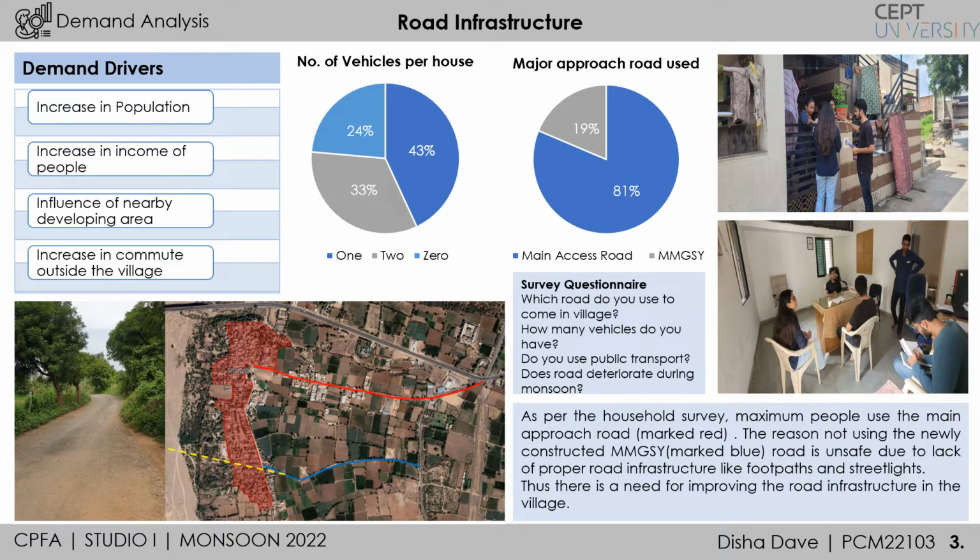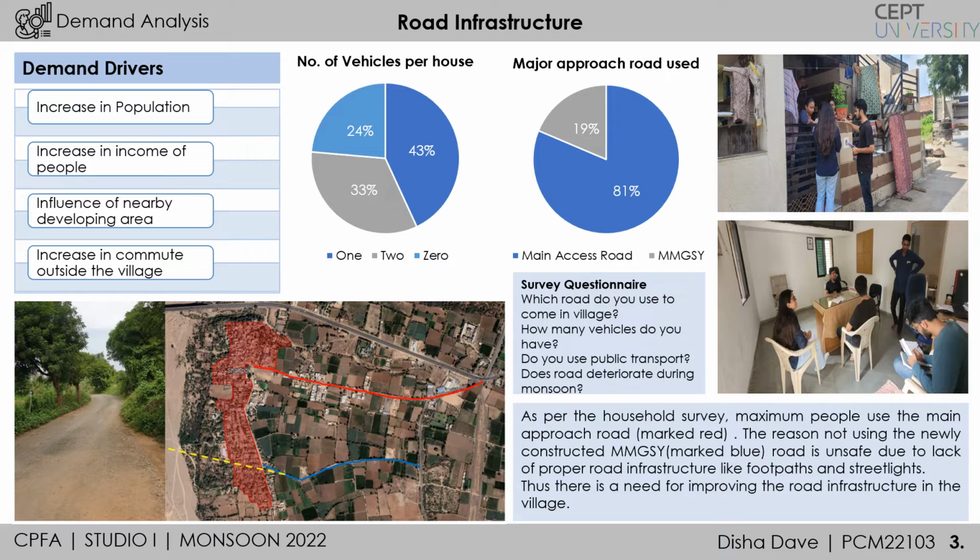Here in the image you can see the road image, there are two roads marked. One is blue and the other is red. Red is the main access approach road which is currently in use by the people of the village. But the blue road is the newly constructed Mukhyamantri Gram Sadak Yojana road, which you can see in the picture.